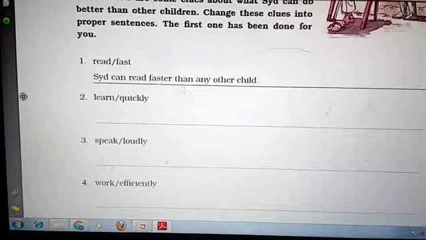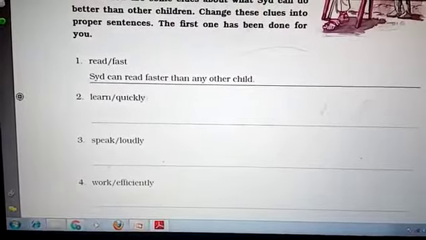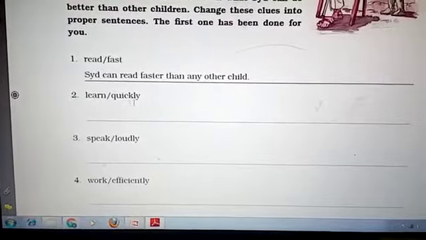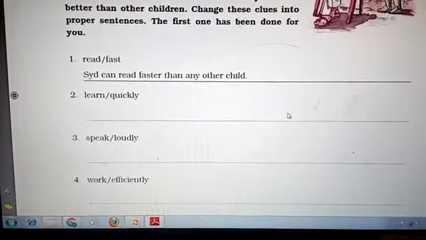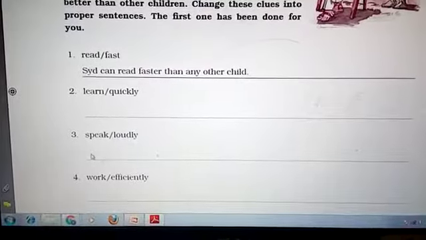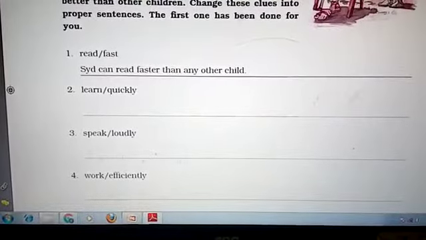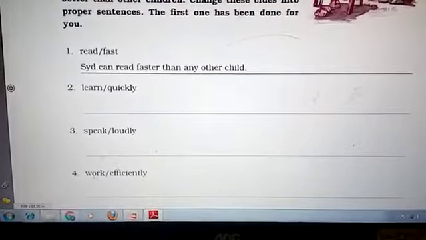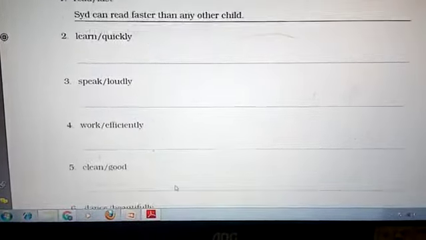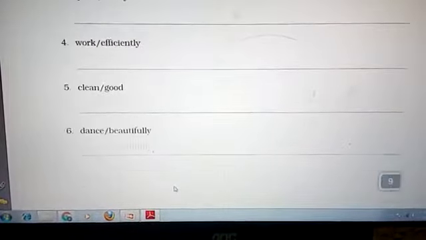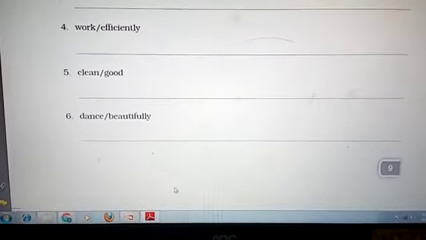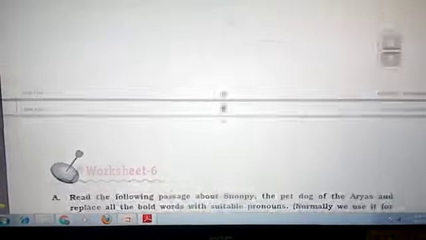Sid can read faster than any other child. Sid can learn quicker than any other child. Sid can speak louder than any other child. Sid can work more efficiently than any other child. Sid can clean better than any other child. Sid can dance more beautifully than any other child.